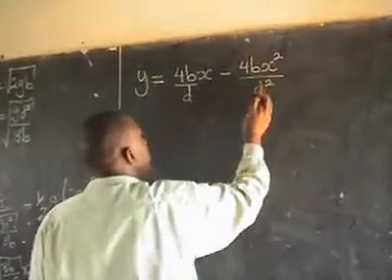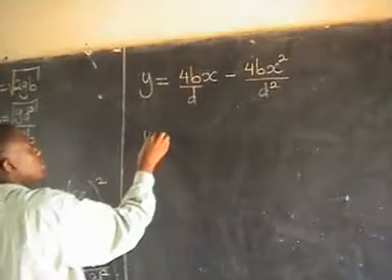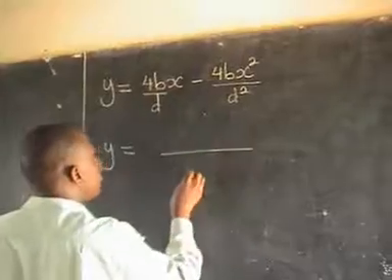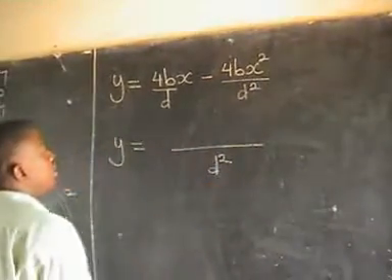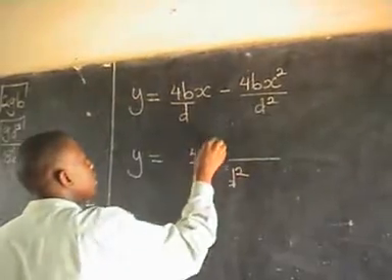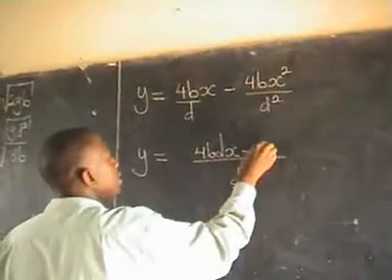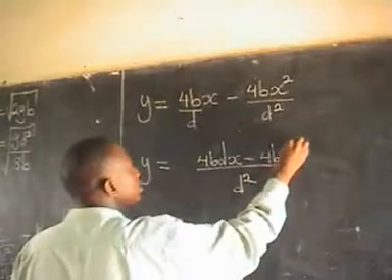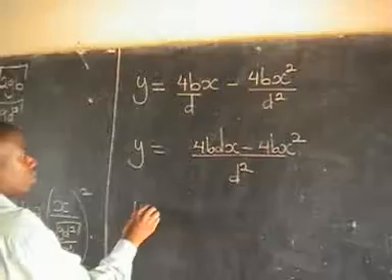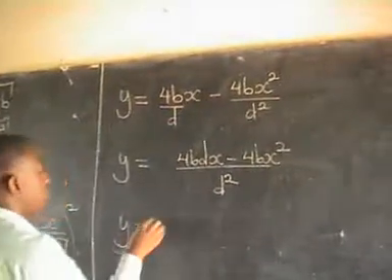this squared. So when you write this under the same denominator, we shall get 4bx minus 4bx squared. I'm going to factorize out the common term, which is 4bx.